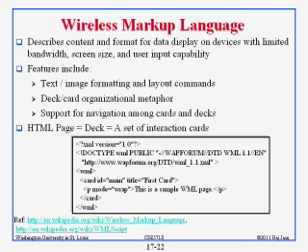All right, so it describes contents, formats, and data display on devices with limited bandwidth, screen size, and user input capability. So that is what WML is for. It can describe text and images, layout, just like HTML does, but it has a card metaphor, and then somehow there is a translation of that card to your device, but every device is different.